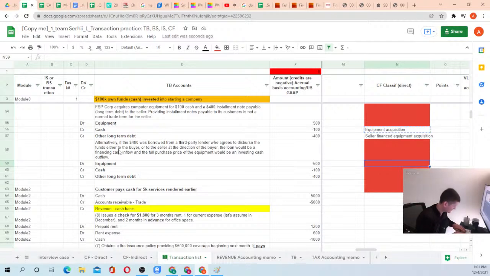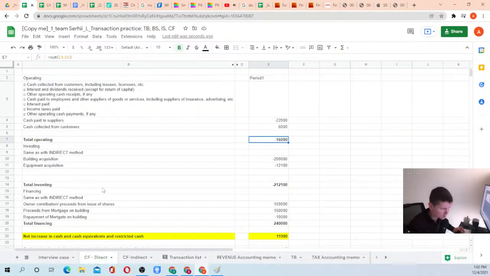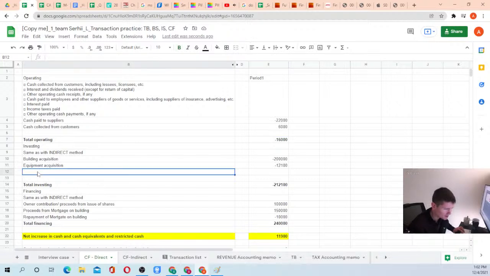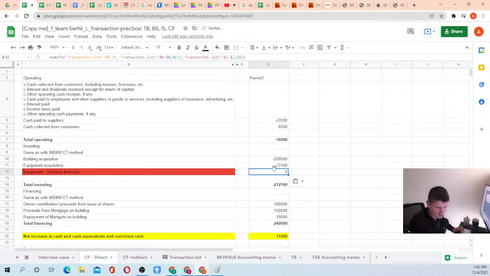So I need to show 500 in my cash flow with the current formula setup. I will call it equipment third party financed. Okay, so that complicates things. With cash flow you cannot basically have some universal approach to mapping.